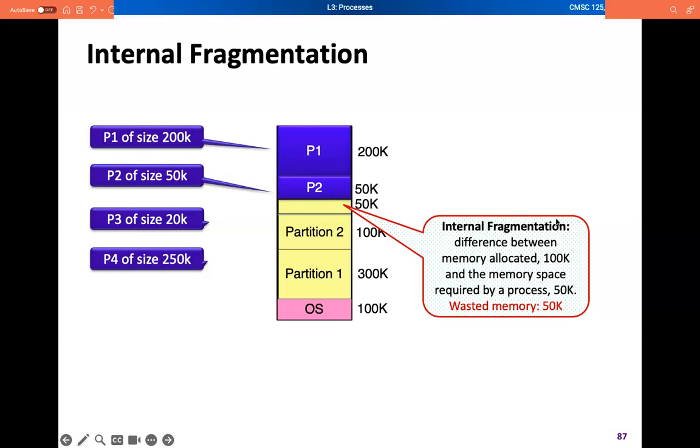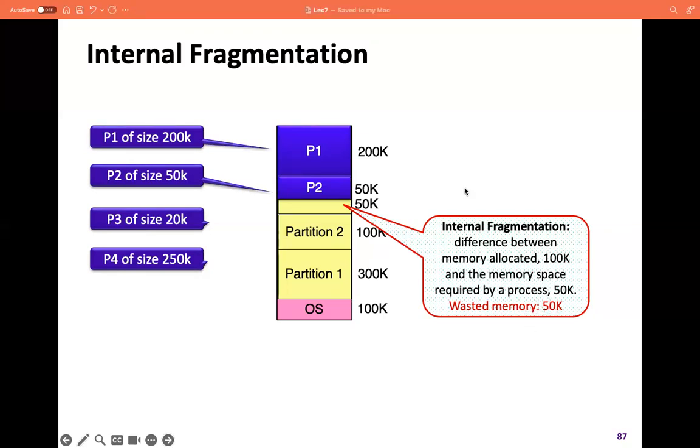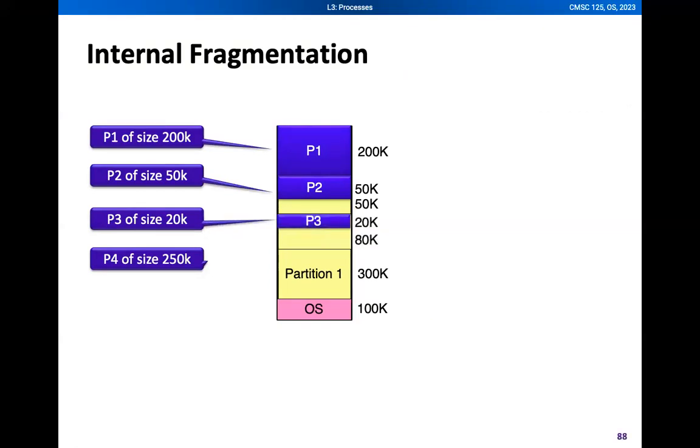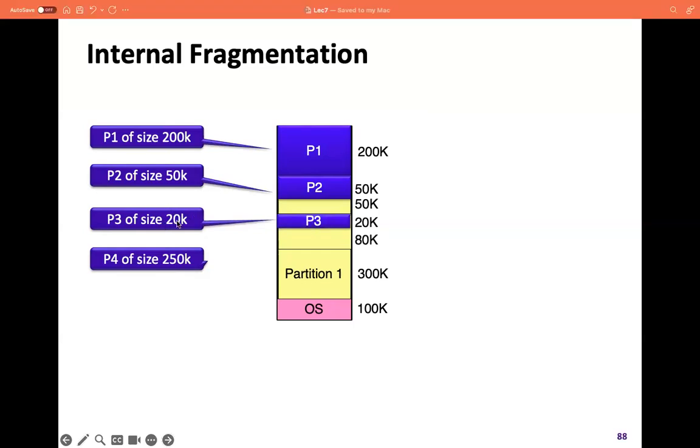Again, the internal fragmentation is the difference between the memory allocated, which in this case is 100K, and the memory space required by a process, which is 50K. So in this case, we only take the difference and we have a wasted memory of 50K. And then P3, on the other hand, has a size of 20K and it can only fit here in partition 2.